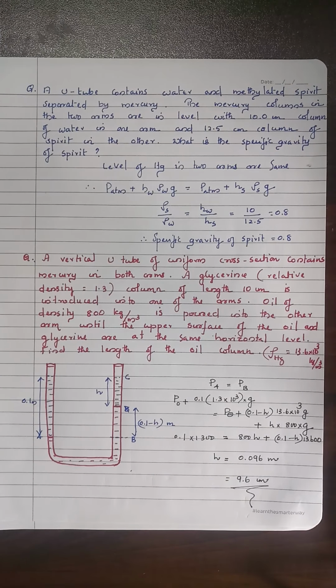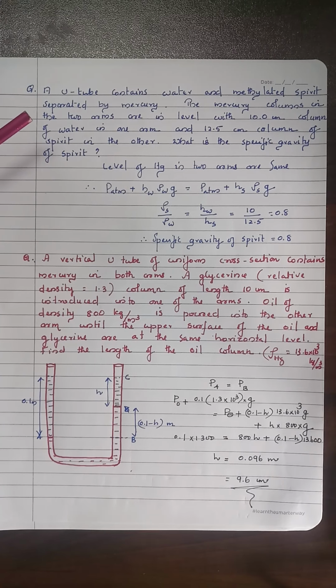And another very important question. A U-tube contains water and methylated spirit separated by mercury. The mercury columns in the two arms are level, with a 10 centimeter column of water in one arm and a 12.5 centimeter column of spirit. What is the specific gravity of spirit?